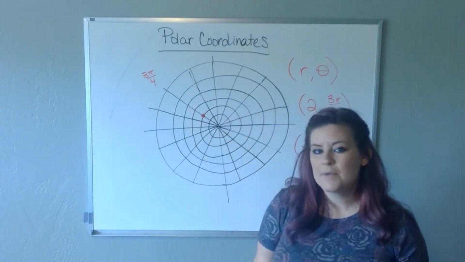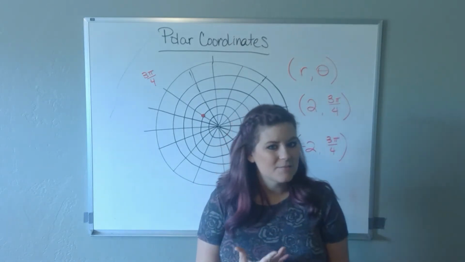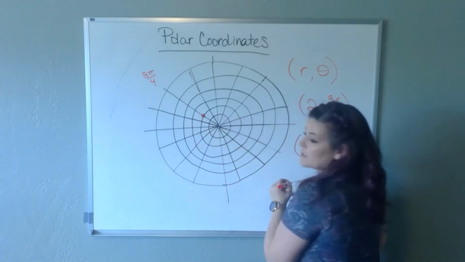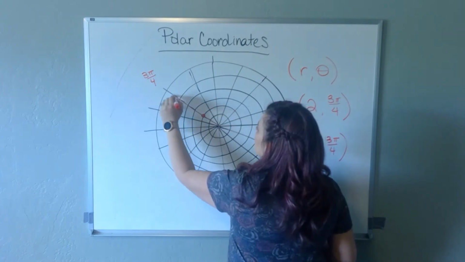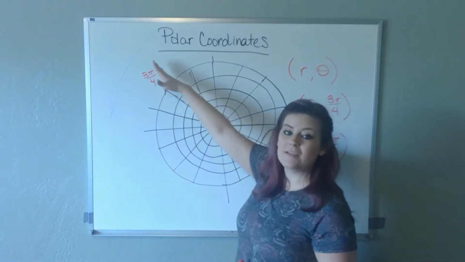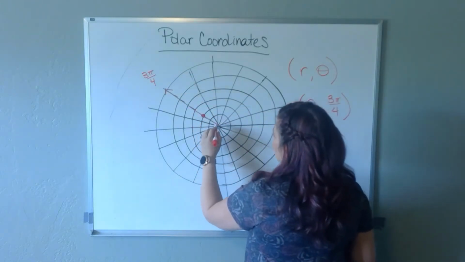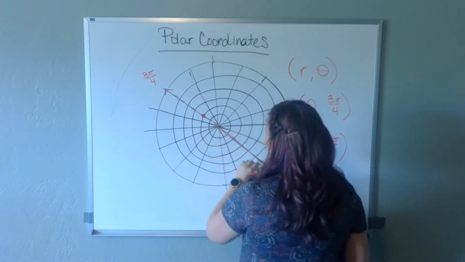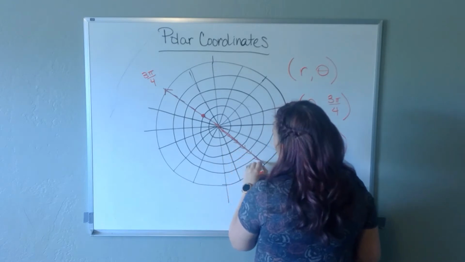What do you think happens if r is negative? You can't have a negative radius, right? So what we do is we go the other direction. So you guys, this direction on our angle 3 pi over 4 is for a positive r value. If you have a negative r value, you have to go the other direction, which means you're going to go into another quadrant. You're going to work this way.